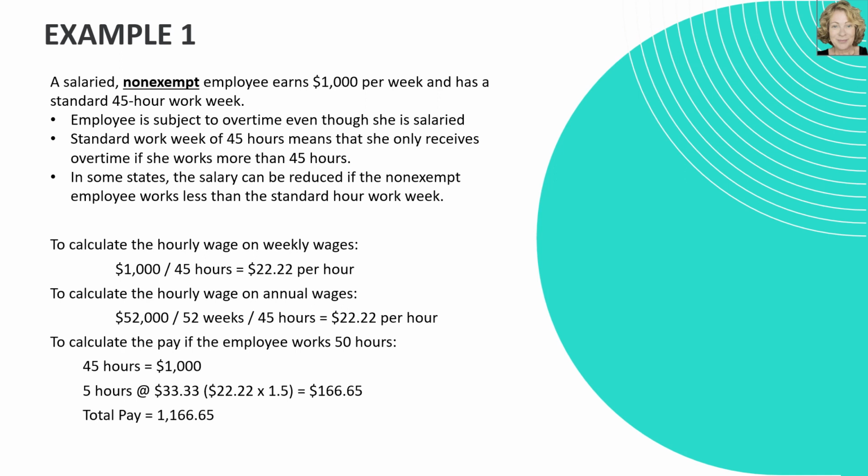And then for 5 hours extra, we need to calculate the overtime rate, which is $22.22 times 1.5 or time and a half, coming up with $33.33 for overtime pay of $166.65 and total pay of $1,166.65.